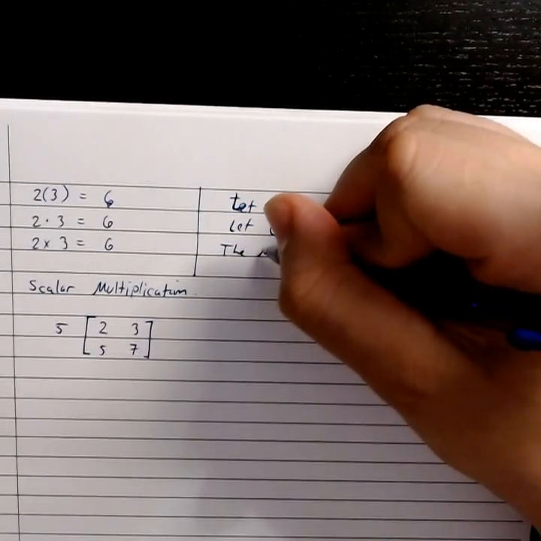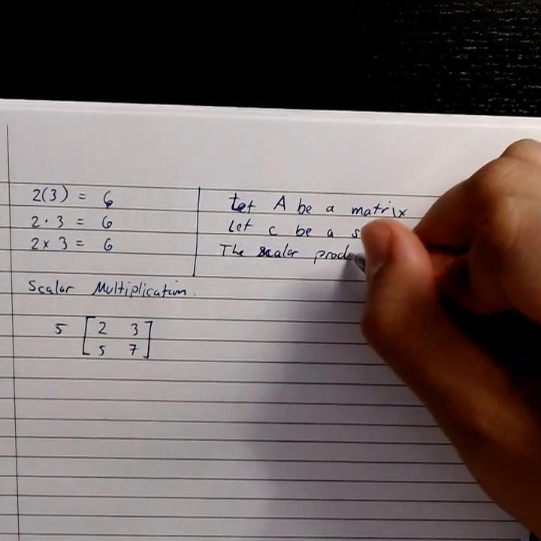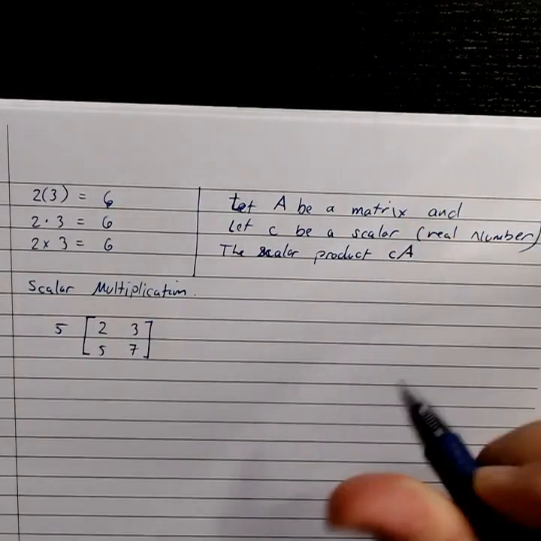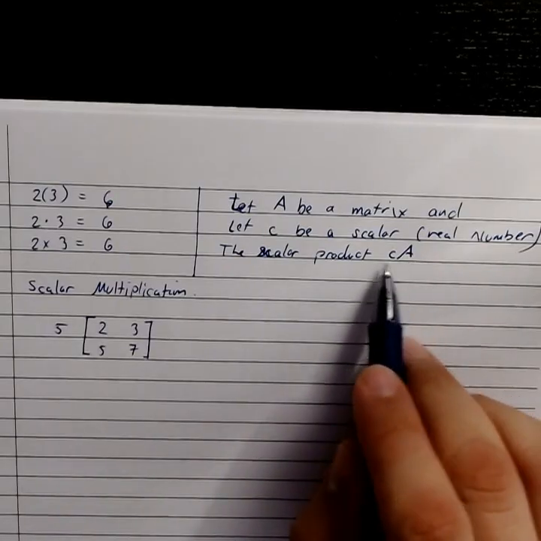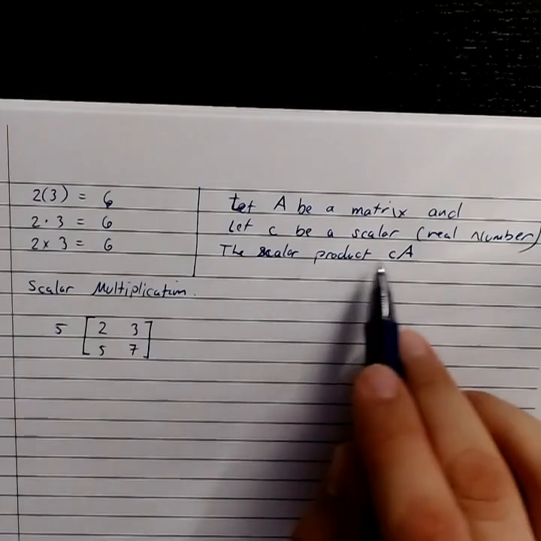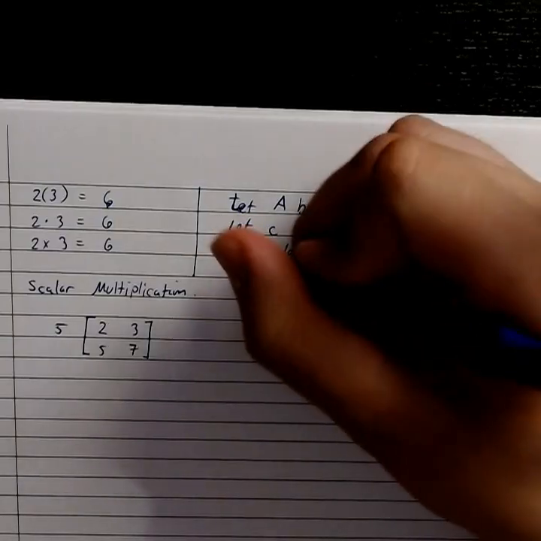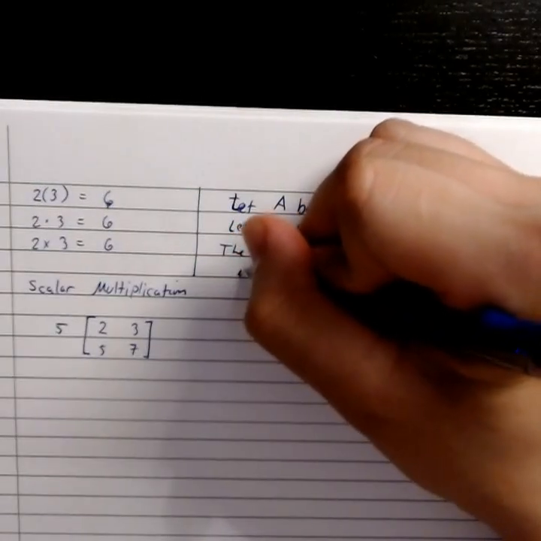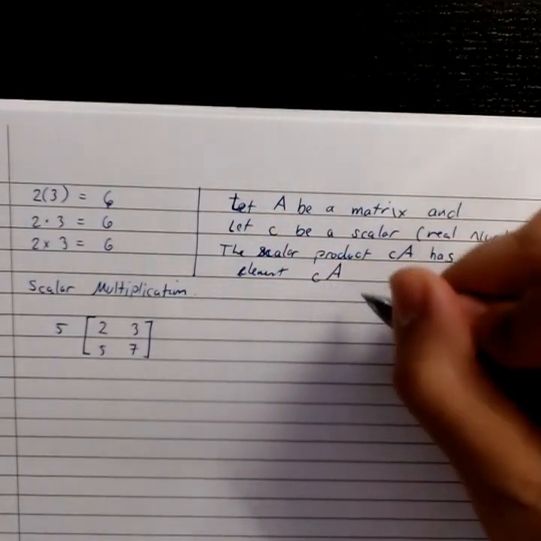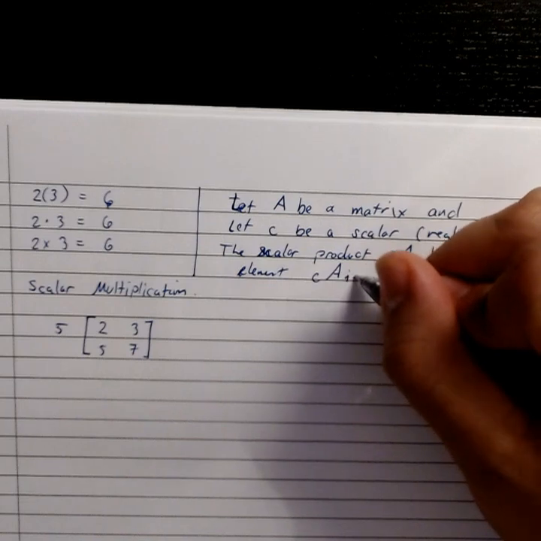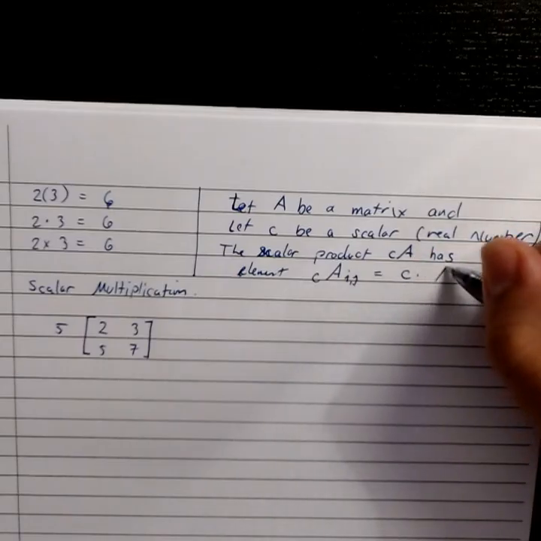Then the scalar product, written as CA. Traditionally, we write the scalar in front of the matrix, although technically you could write it in the back, but traditionally we write the scalar first. The scalar product CA has element (CA)ij equal to C times Aij.